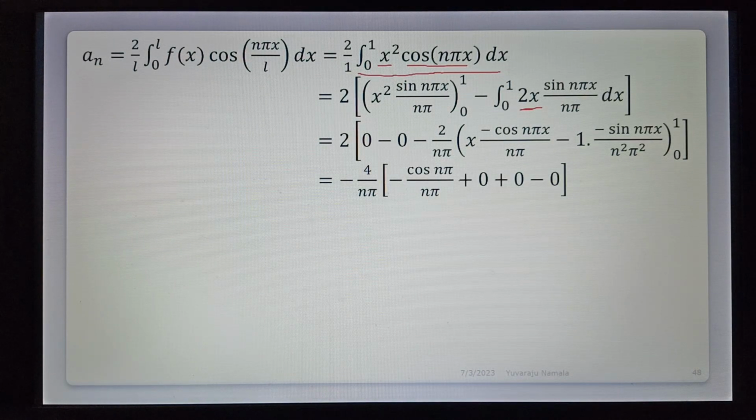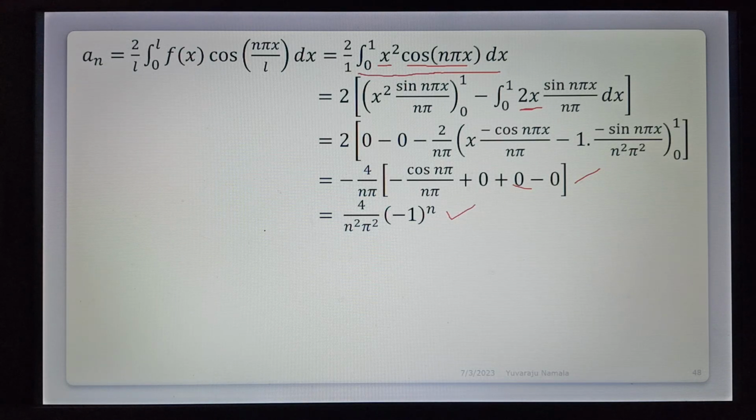So minus 4 by n pi, substituting the upper limit x is equal to 1, minus cos n pi by n plus sin n pi, which is 0. At x is equal to 0, cos 0 is 1 and sin 0 is 0. After simplification, that is 4 by n square pi square into minus 1 power n. This is the a n value.